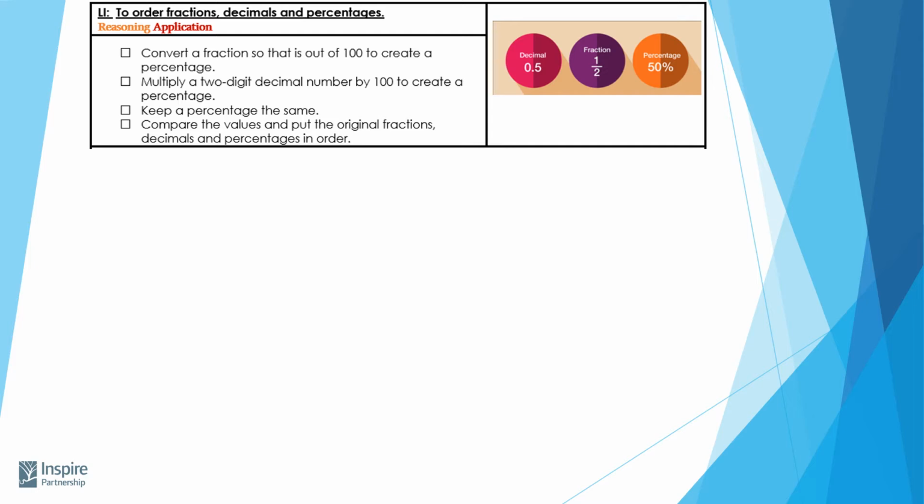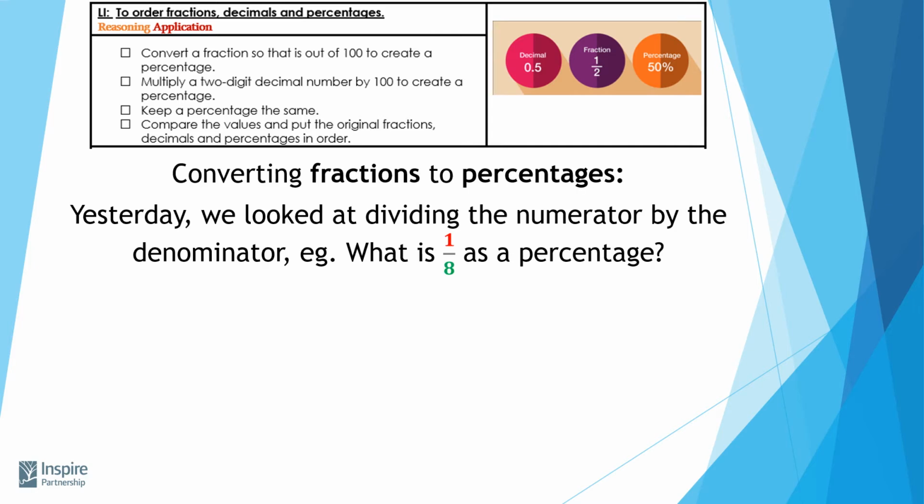Another method we can use is to divide our numerator by our denominator. So remember yesterday we wrote out our bus stops and then we put our numerator inside the bus stop.